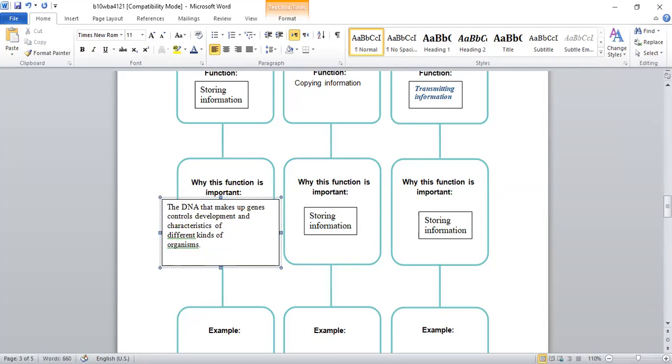All the characteristics of the cell are controlled by the stored information in the DNA. And the genetic material must be copied before the cell division.